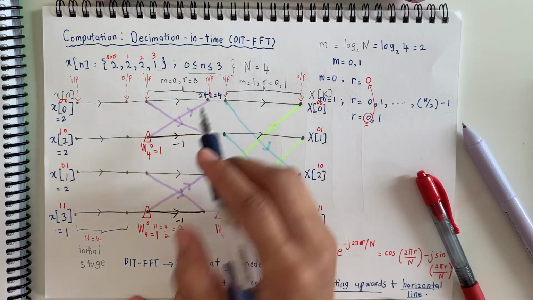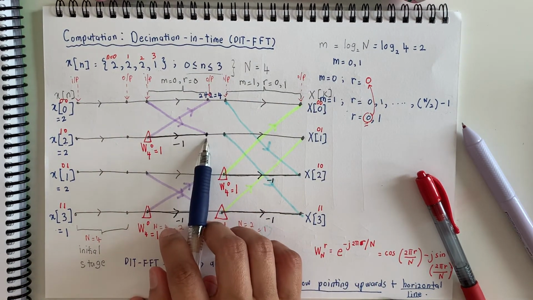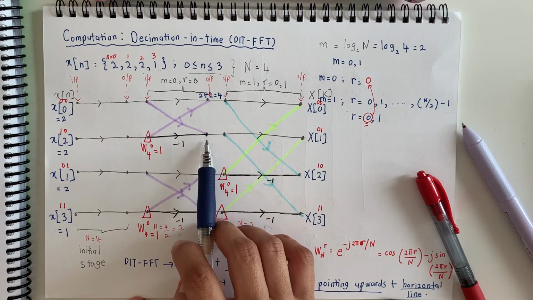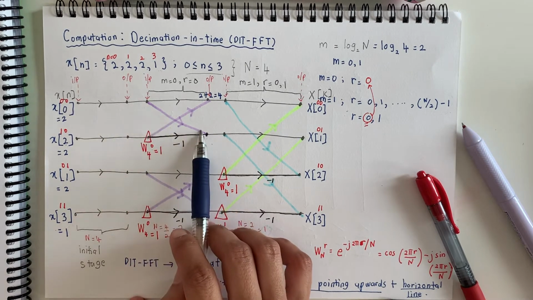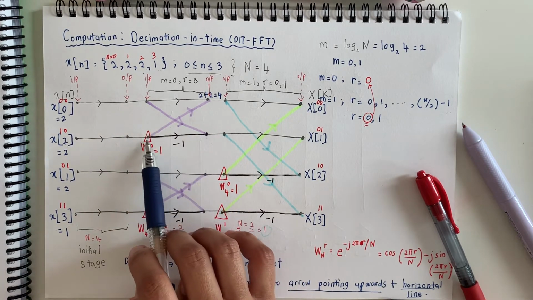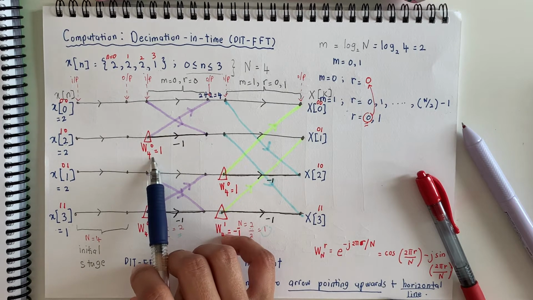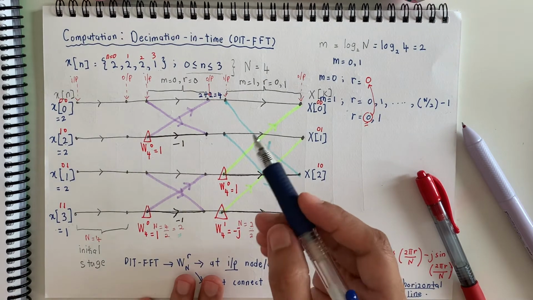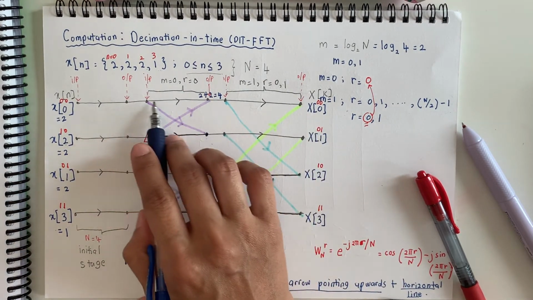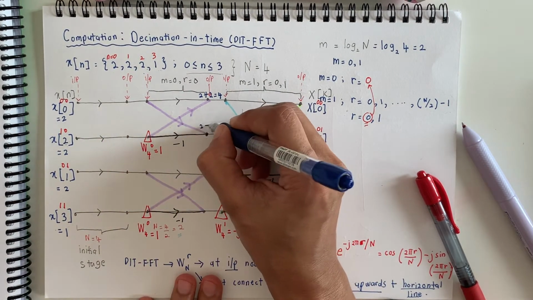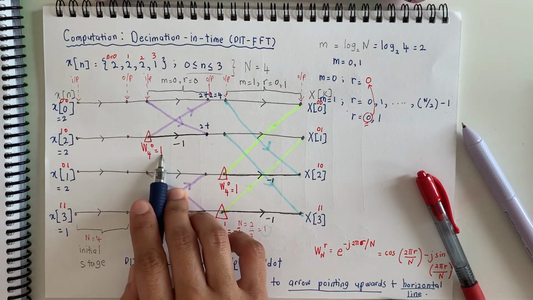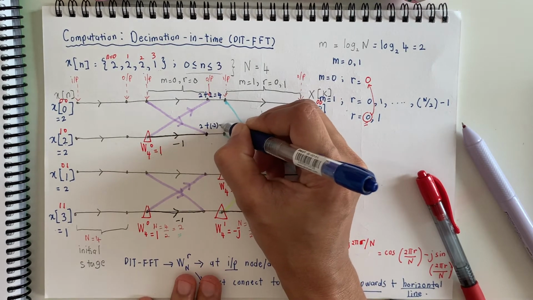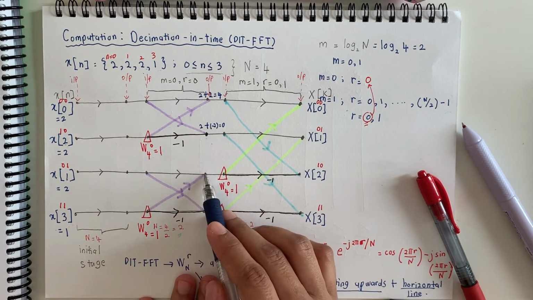Basically the idea is, for example, this is A, B, and then this is C. So C equals A plus B times W for 0 times minus 1. So you will get C. Again, 2 times 1, 2, plus 2 times minus 1 is minus 2. So here is 0.